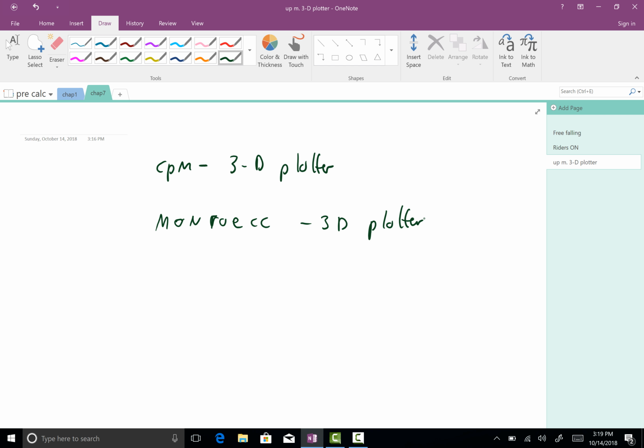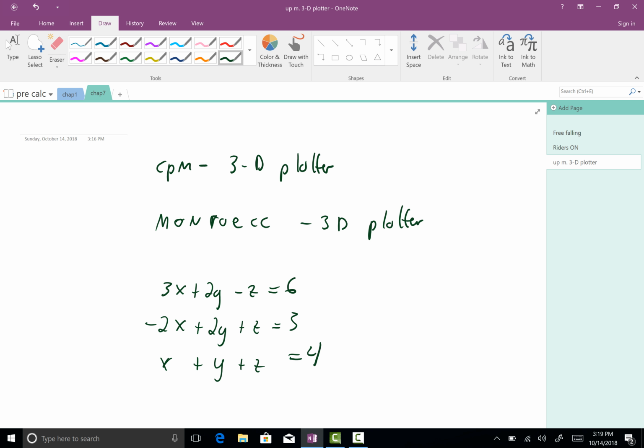But let me show you both of them. But let's start off with an example of a 3x3 system here. 3x plus 2y minus z equals 6, and negative 2x plus 2y plus z equals 3, and x plus y plus z equals 4.